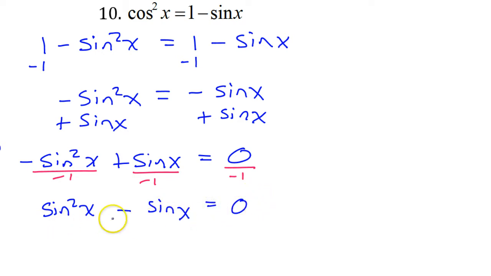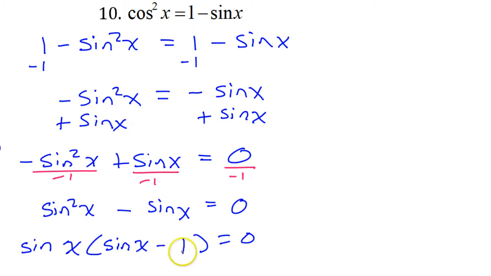Now, I see that I have a common factor of sine x. So I'm definitely going to pull out the GCF of sine x and think about what that leaves behind. So that will leave on the inside sine x minus 1.